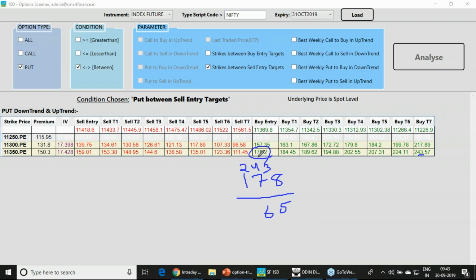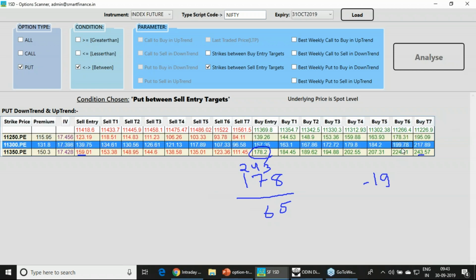And if it goes for a stop loss, then it is 159, almost 160 you can say. 160 means 18 to 19 rupees is the loss. So 19 rupees you can lose, and if you reach the 65 rupees final target, you can gain 65 rupees.